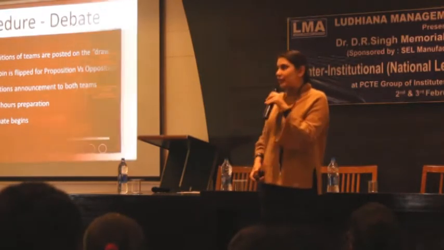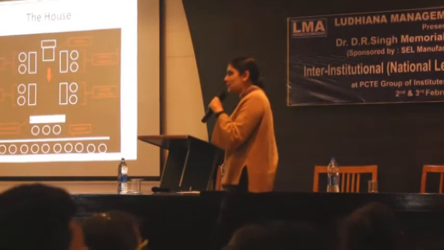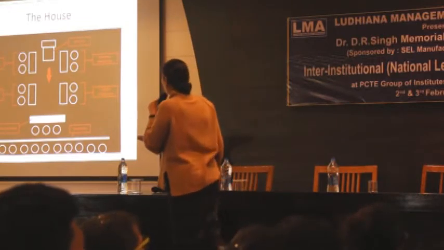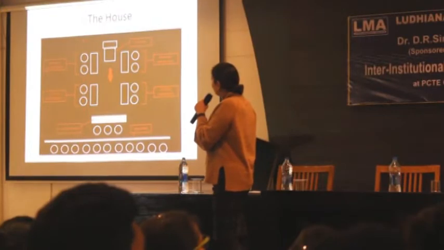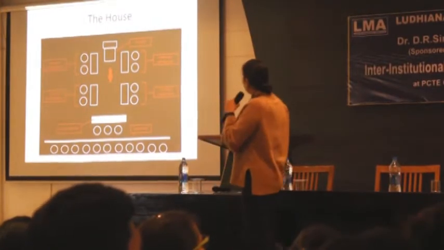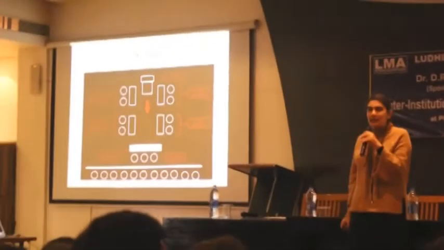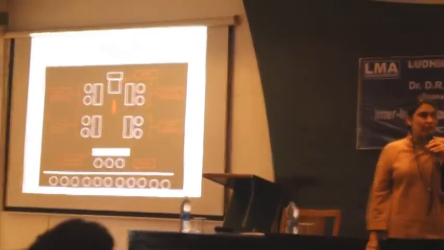Let's see how it looks when you come in. This is how the house will look, ideally. All right? So there's a podium. The proposition is on the left of the adjudicators. The opposition is on the right. There's an opening house and a closing house.